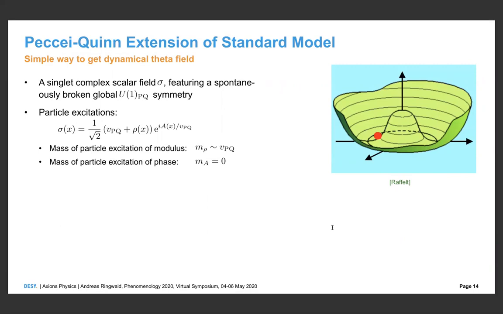So how to get such a Peccei-Quinn extension of the standard model? What is the simple way to get such a dynamical theta field?